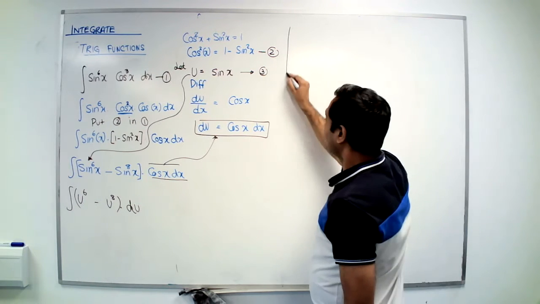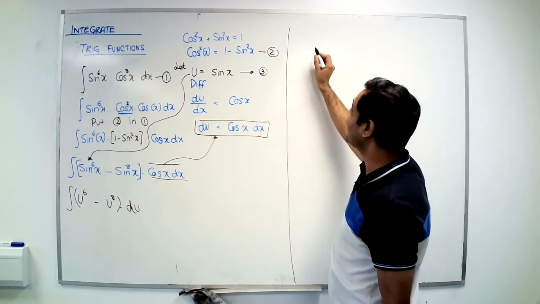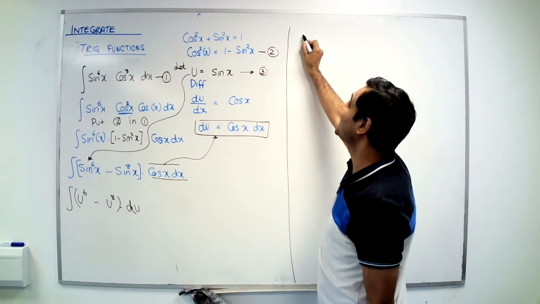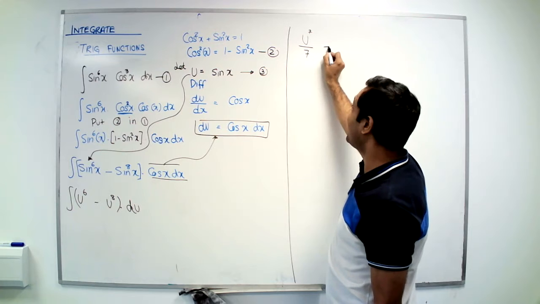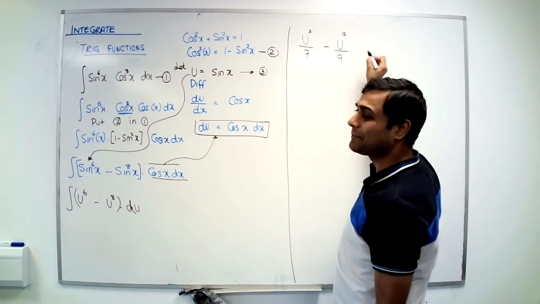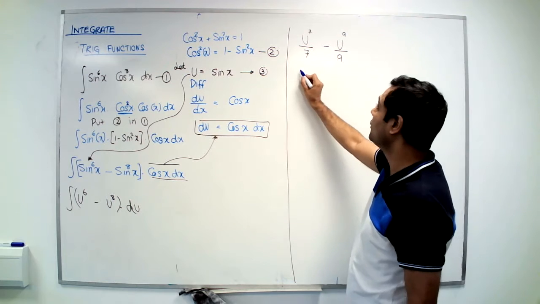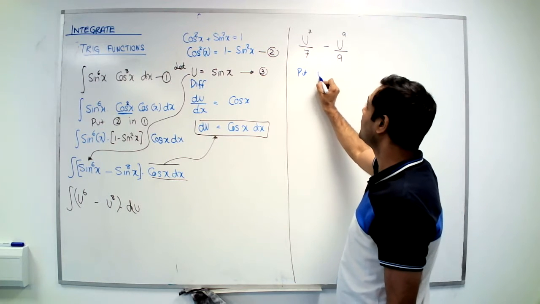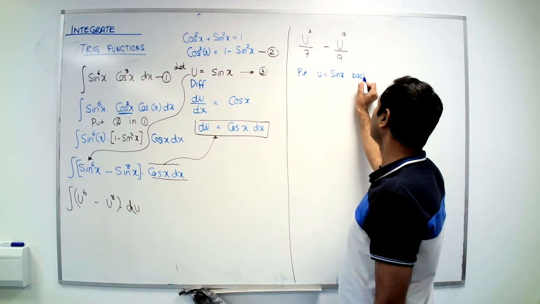Now, let's come to this side and integrate. I need to integrate u to the 6. u to the 6 becomes u to the 7 over 7, minus u to the 8 becomes u to the 9 over 9, plus c. I put the c in later. Now I need to put u equals sine x back.